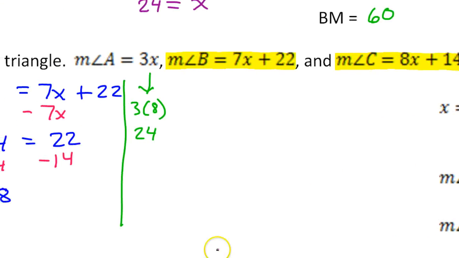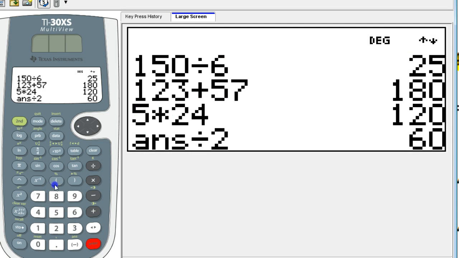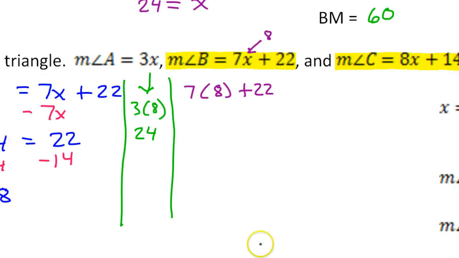Alright, now let's move on to B. Again, we know that x is 8. So if I put in 8 right here, then that makes this 7 times 8 plus 22. That's 78.